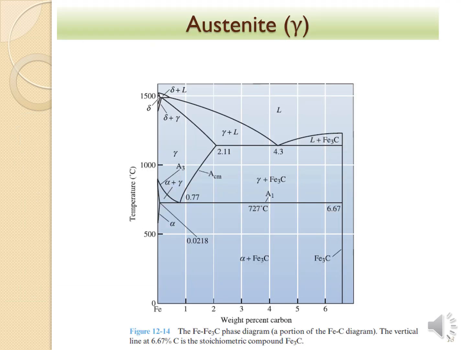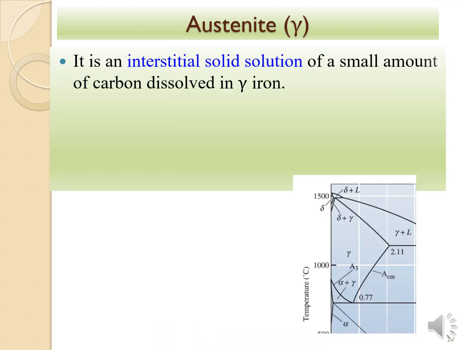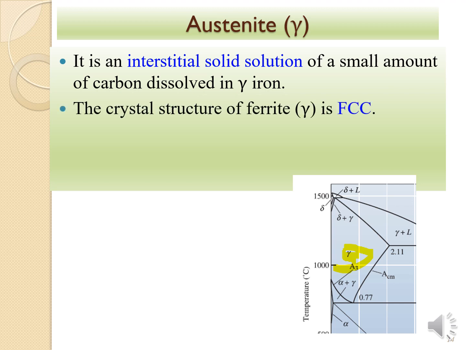The austenite is located on the phase diagram in this region. Austenite is an interstitial solid solution of a small amount of carbon dissolved in the gamma iron, and it forms an FCC structure. So remember, we have BCC as the delta, and then it transforms to FCC in austenite, and then back to BCC again for the ferrite.